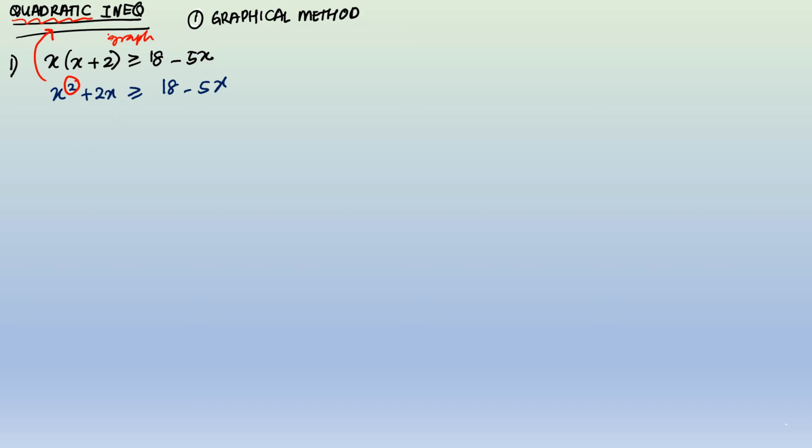Let's simplify everything. So we have x squared plus 7x minus 18 greater or equal to 0. Am I right? Next, can we factor? Yes, we have x minus 2 and x plus 9.